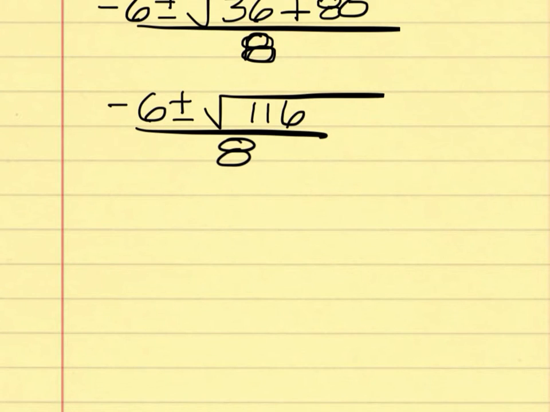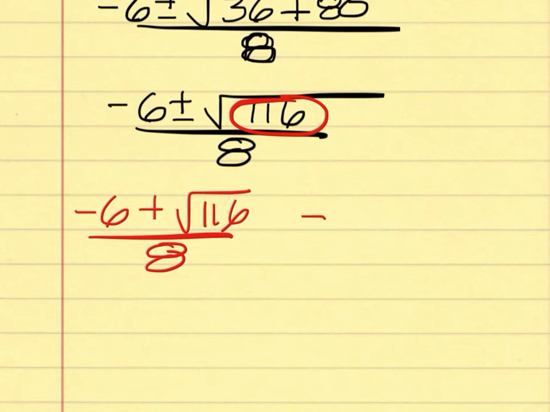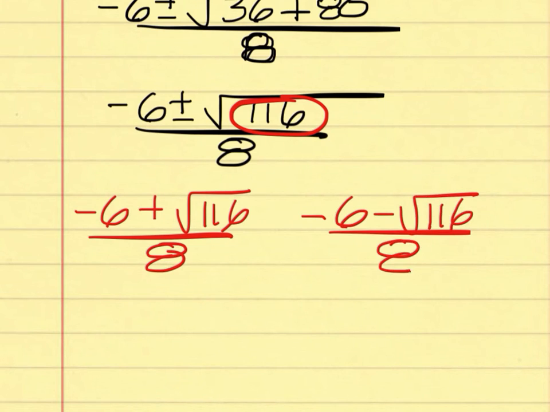Now we have to split this up because this is not a perfect square. So negative 6 plus the square root of 116 over 8, and negative 6 minus the square root of 116 over 8. For the left-hand side, you have to do negative 6 plus the square root of 116 first.